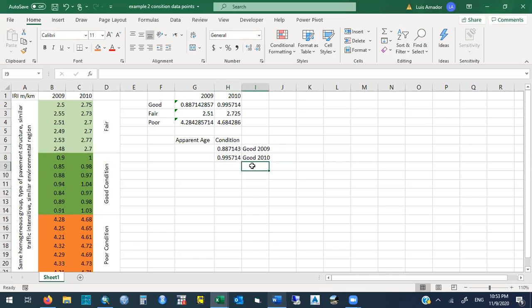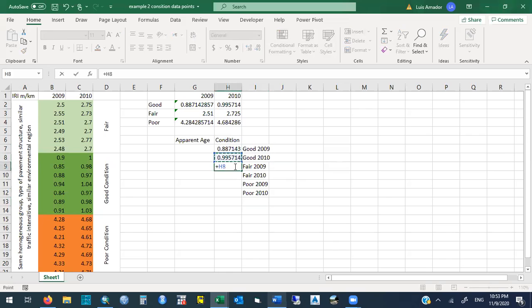And I can have the same for fair: fair 2009, fair 2010, and poor 2009, poor 2010.